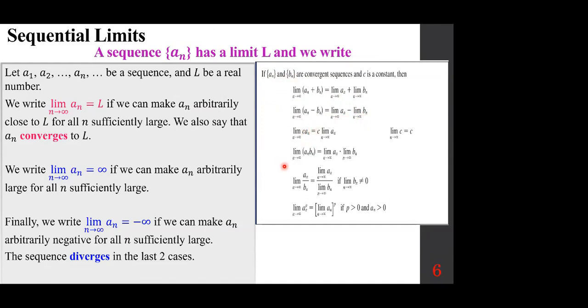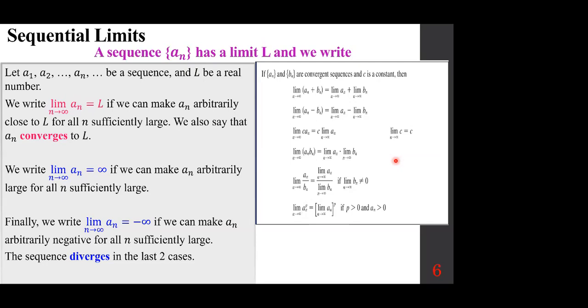If we are multiplying them, we can separate them. If we are dividing them, we can separate them as long as the denominator doesn't go to 0. If we are raising it to a power, we can just calculate the limit of a sub n and then raise the result to a power. And the limit of a constant is simply the constant. Those are some limit laws.